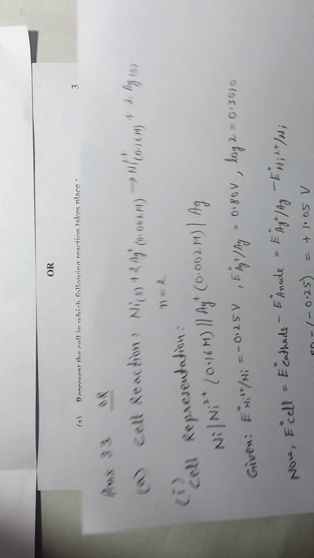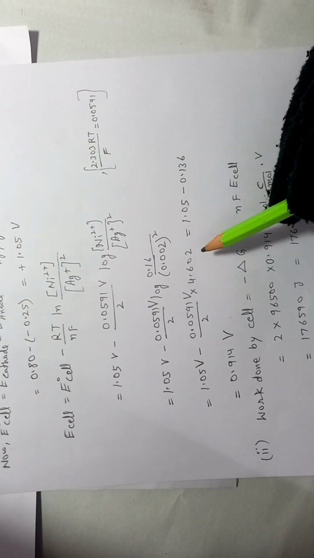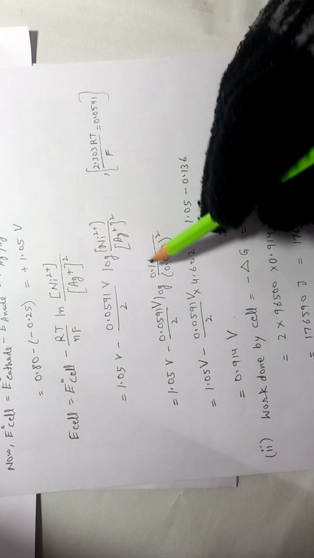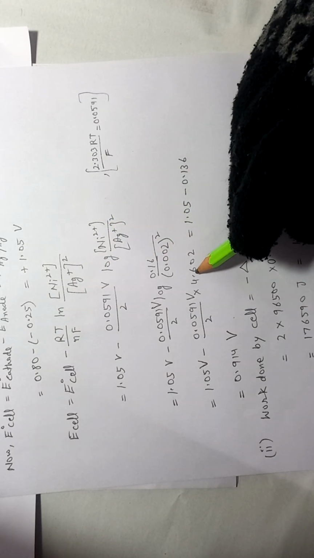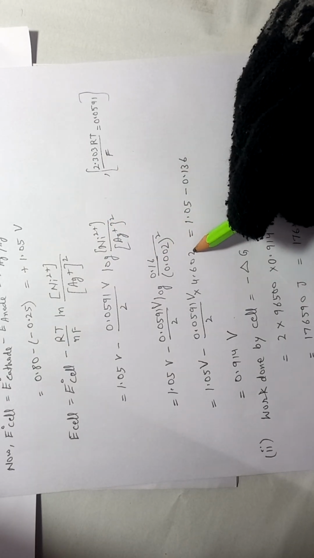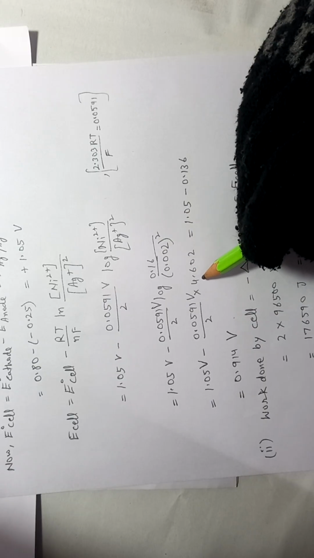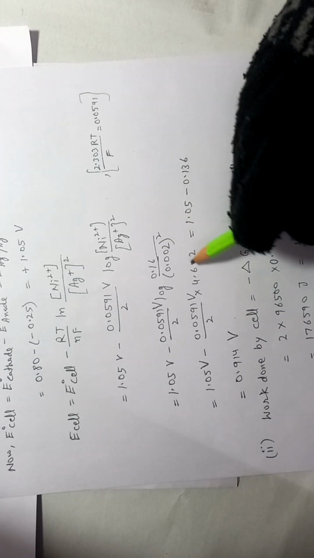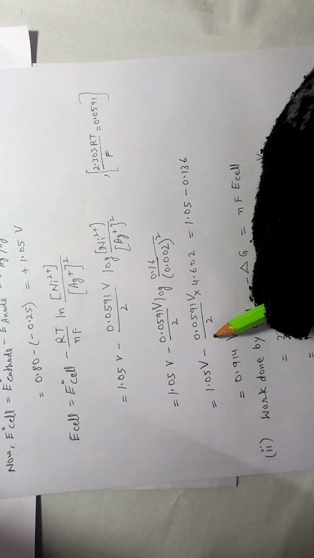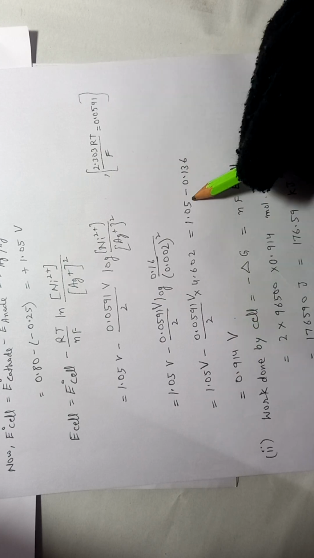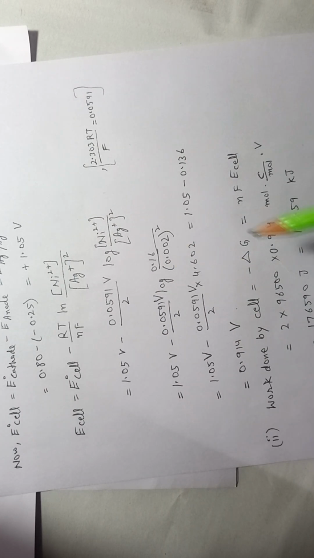So we calculate this, and by substituting these values, we get 4 into this part, and we substitute this. Log 2 is involved here, and subtracting this we get 0.914 volt. Do the calculations yourself.